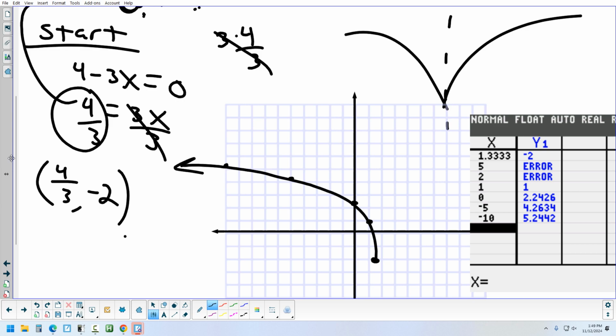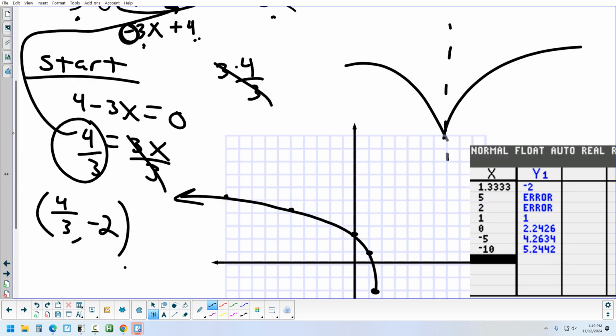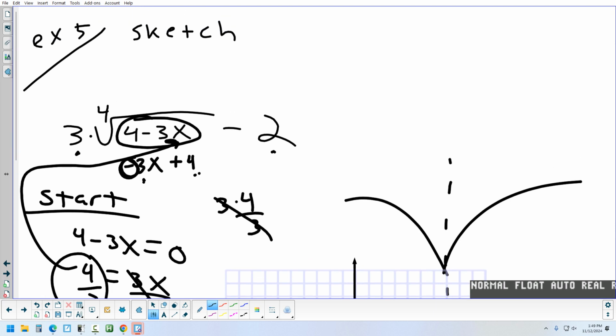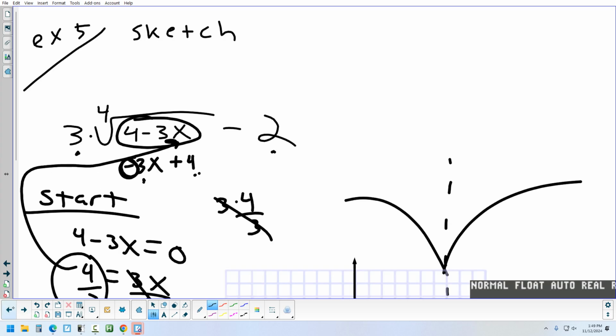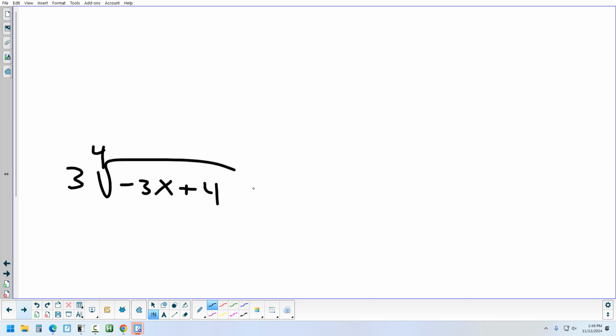All right. So any questions on sketching the even root or the odd root? Okay. Let's copy this one down. I just want to see if you can tell me the transformations. What was on the end? -2.